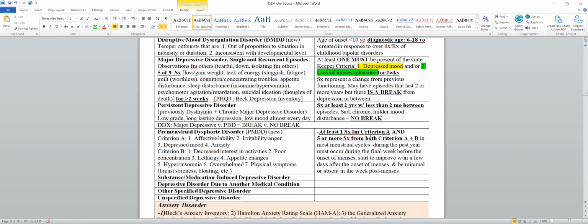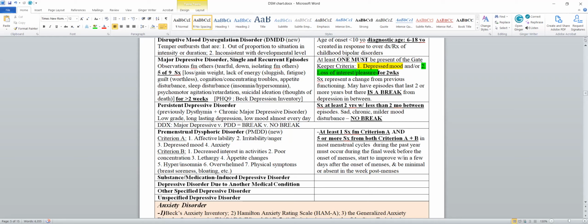At least one symptom from criterion A and 5 or more symptoms from both criterion A and B. In most menstrual cycles during the past year, symptoms must occur during the final week before the onset of menses, start to improve within a few days after the onset of menses, and be minimal or absent in the week post menses. So at least one symptom from criterion A.